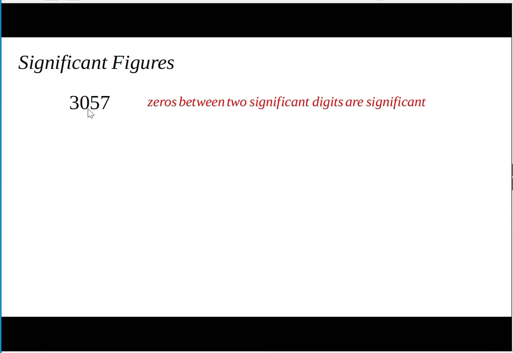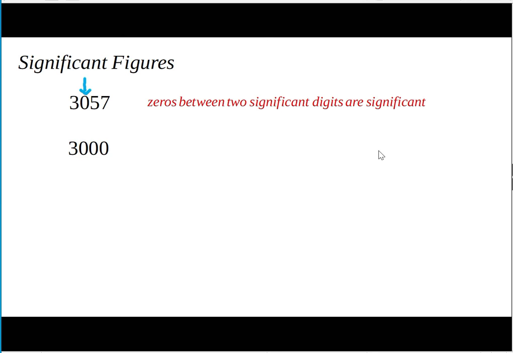So in this number, you say it has four significant figures, but this zero here is significant, because we said that non-zero numbers are significant, so these are significant, and this makes this zero significant.